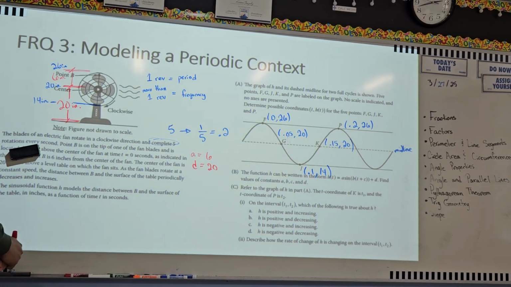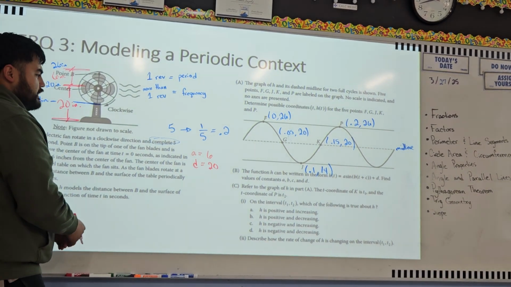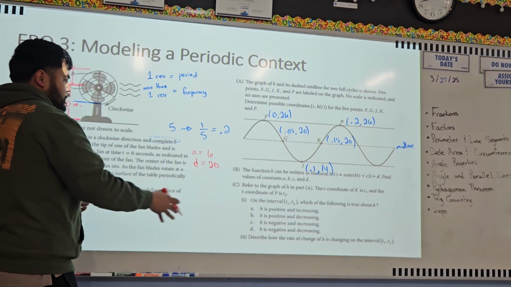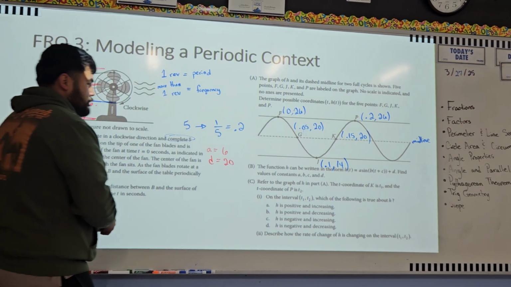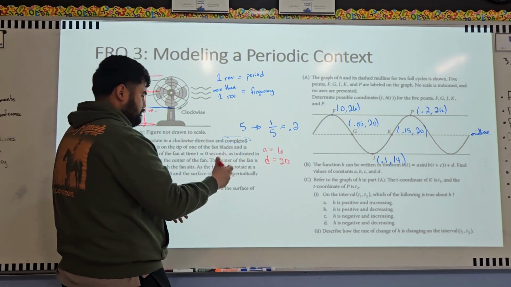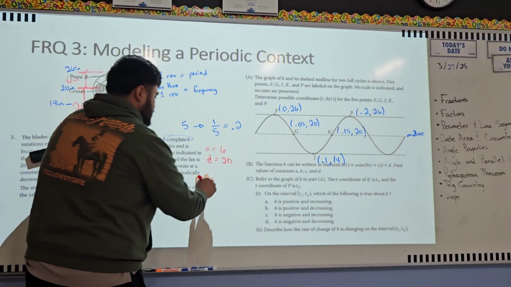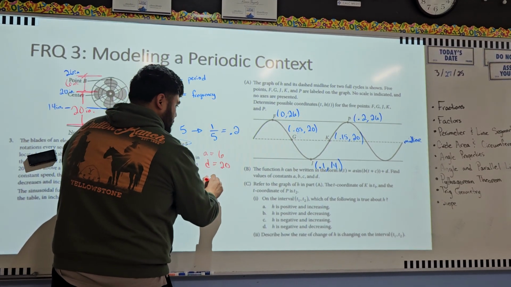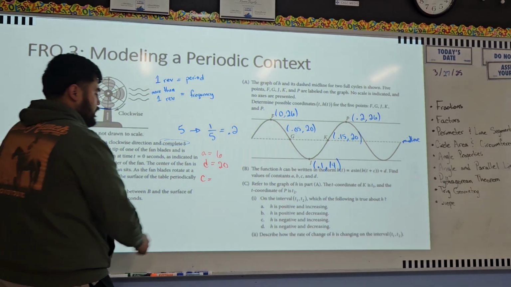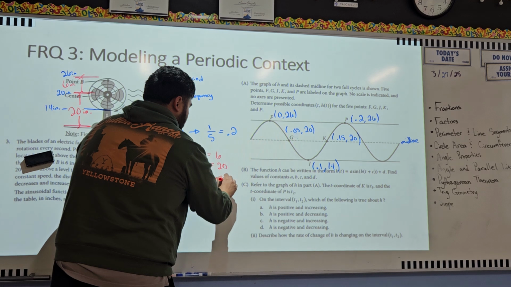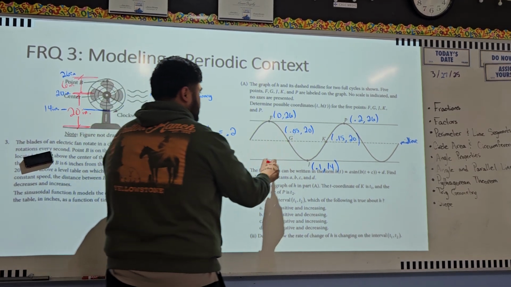What about C? Is there a shift going left to right? Well, not really. Actually, there is. C is actually going to be equal to 0.05, because we're going to start here.